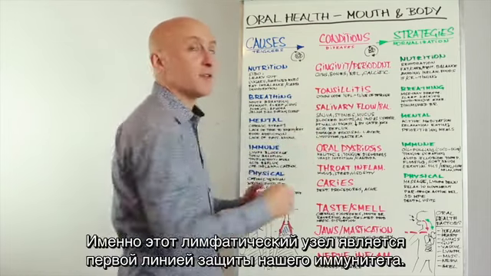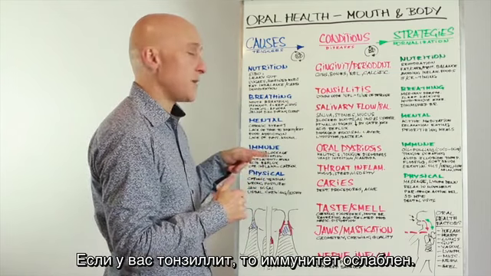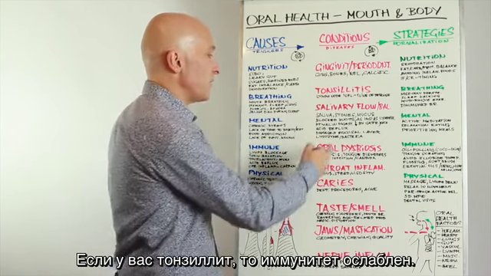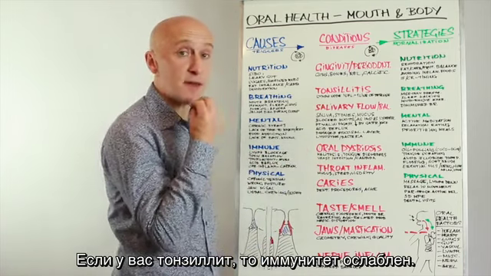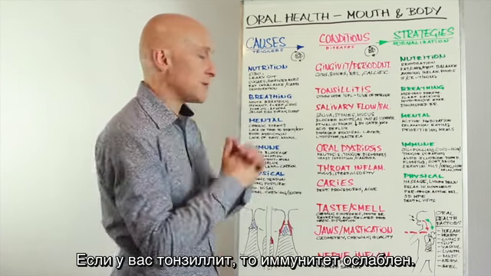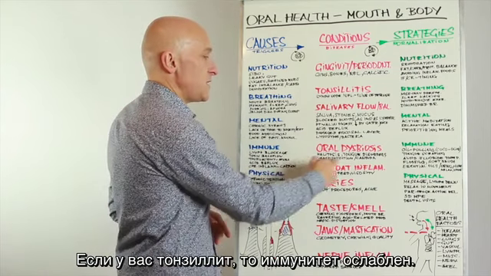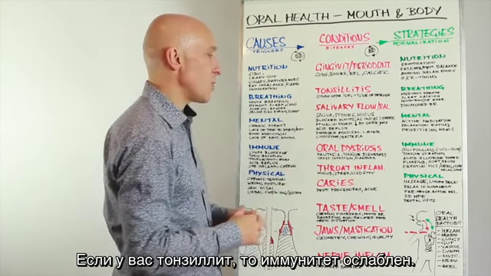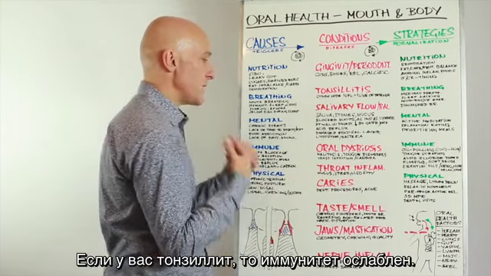That's the first line of defense of our immunity. So our immunity is impaired. And we have oral dysbiosis, halitosis, that's bad breath. That's the bad balance between the different bacteria. And we have yeast infection, candida overgrowth, tongue disorders, throat inflammation.